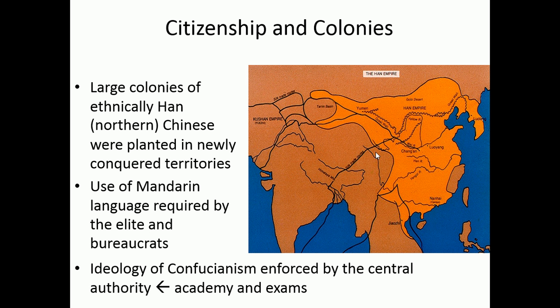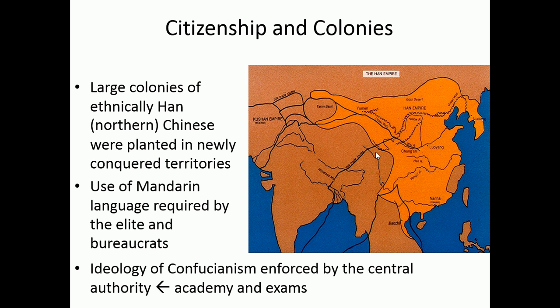They helped to spread the use of Mandarin language, which was a required language. All of the government's business done by those gentlemen bureaucrats was conducted in the standard language, and this really helped to pull the whole empire together, both ethnically and linguistically or culturally.